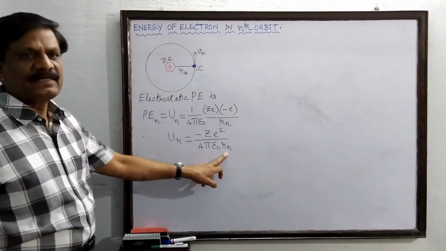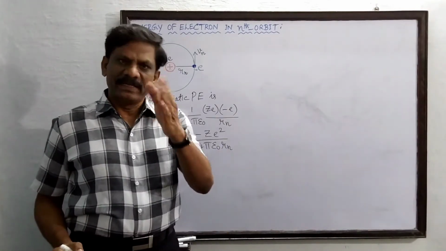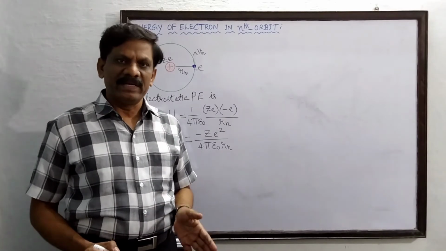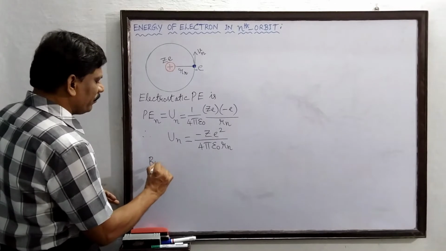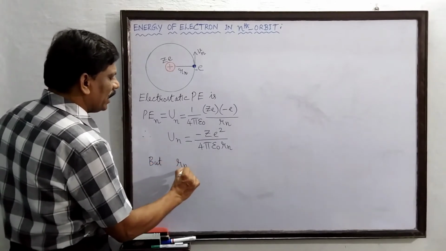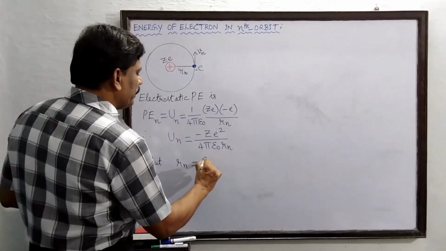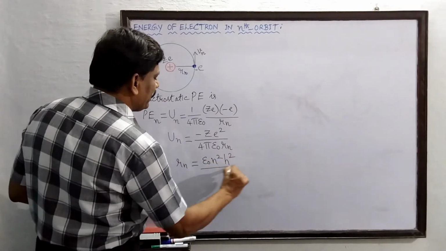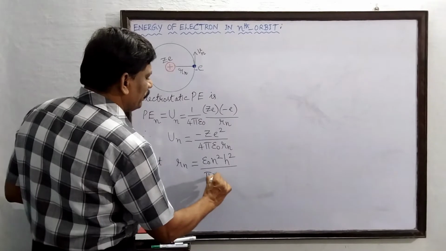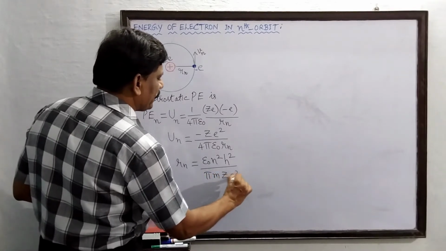But we have already derived the radius of the electron's nth orbit. I am going to substitute. So, we know that the value of Rn is equal to epsilon naught n square h square divided by pi m Ze square.